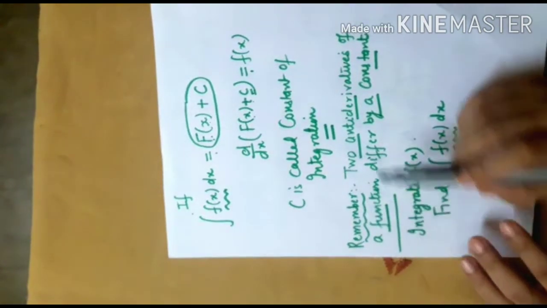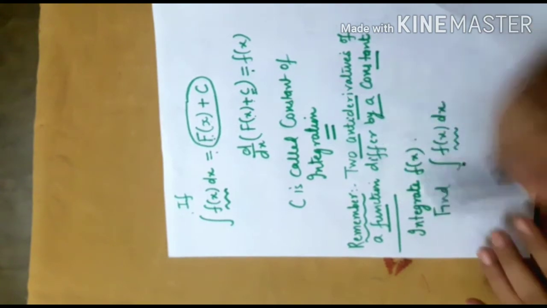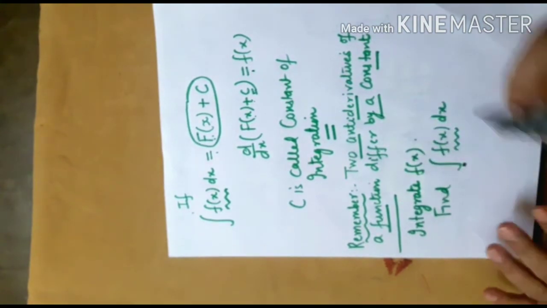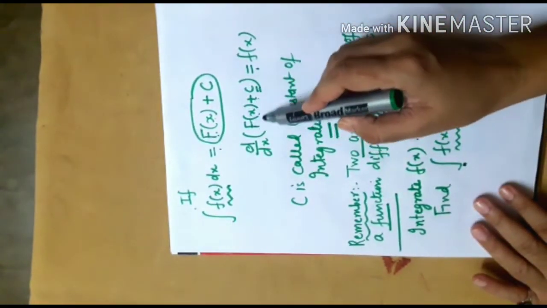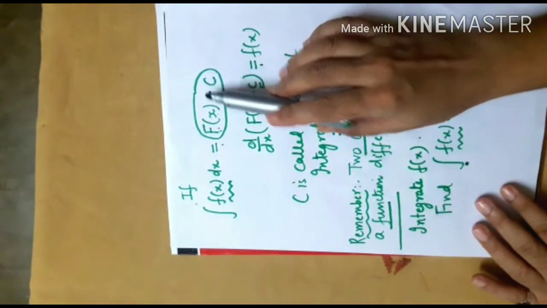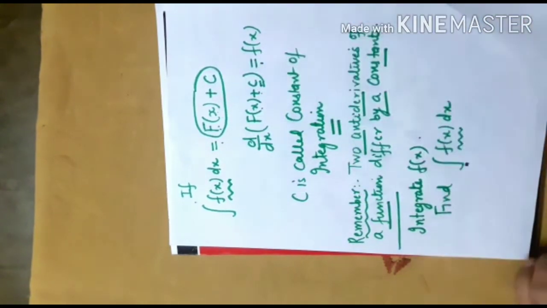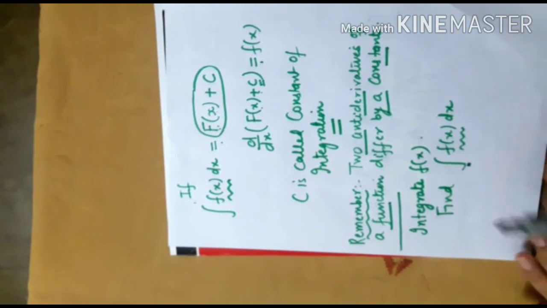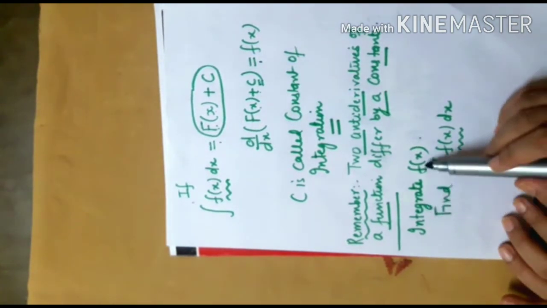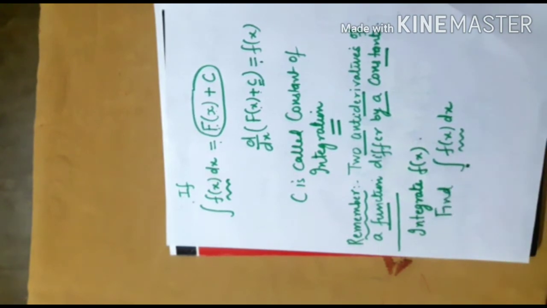Yes, remember, two antiderivatives of a function differ by a constant. Yes, the family of antiderivatives is given by F(x) plus c. So, any two antiderivatives of a function will differ by a constant. Now, if I ask integrate f(x), integration is the process of finding out the antiderivative of a function.